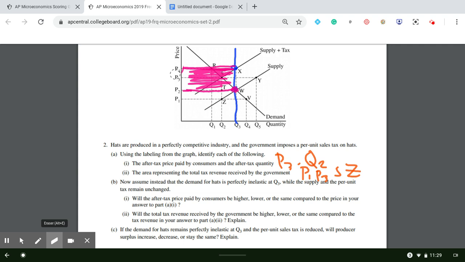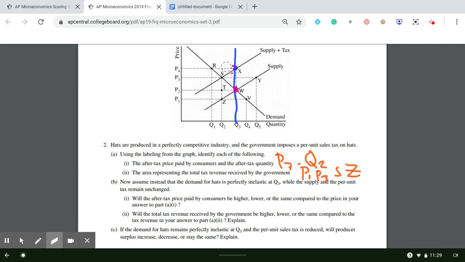Okay. The demand for hats remains perfectly inelastic in Q3, and the per unit sales tax is reduced. Will producer surplus increase, decrease, or stay the same? Explain. And it's going to stay the same, okay, because the tax burden is all on the consumer, okay.